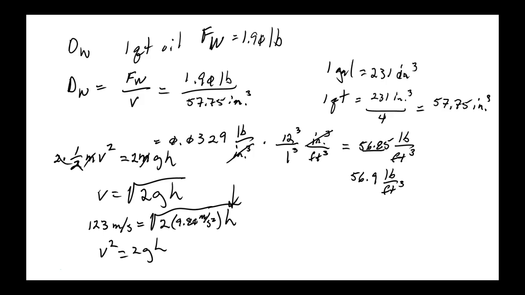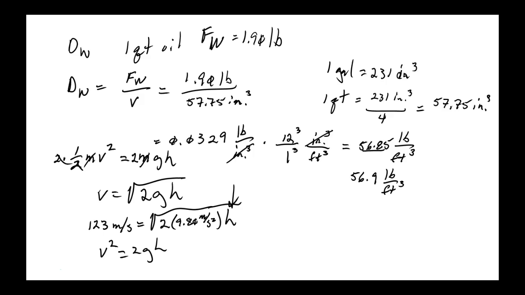How many numbers are we supposed to keep after we squared? How many were you given? 55.0, that's 3. 123, that's 3.